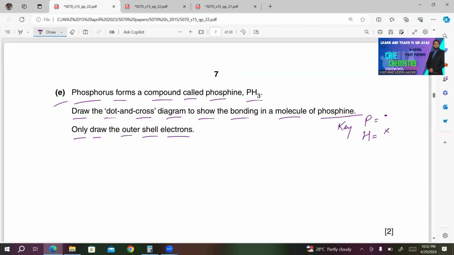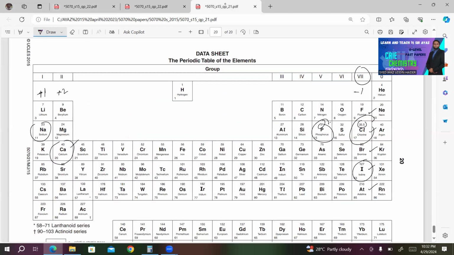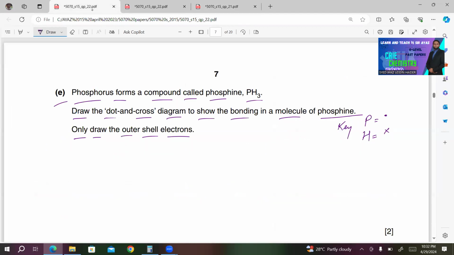Here's a periodic table. The number of electrons for phosphorus is 5. What about hydrogen? It must be 1. See the number 1 and 1, which means the proton number is 1 and it must have 1 electron. So 5 electrons for phosphorus and 1 electron each for hydrogen.